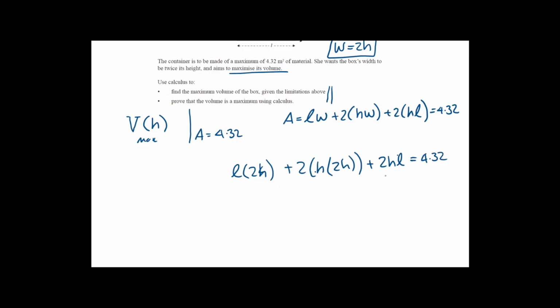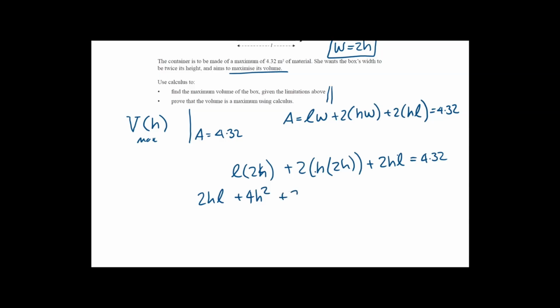Okay, we're getting places. We've got rid of the W. So let's get rid of these brackets. 2HL, this is where keeping it in alphabetical order really helps. So this is going to be 2H squared, so plus 4H squared. Yes.